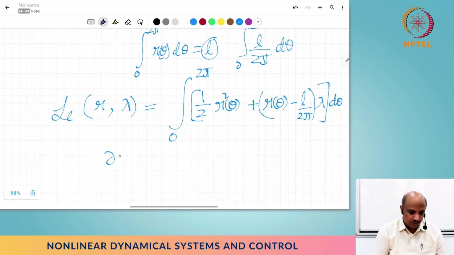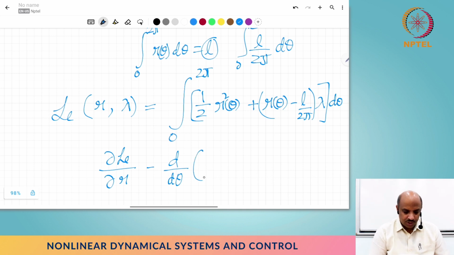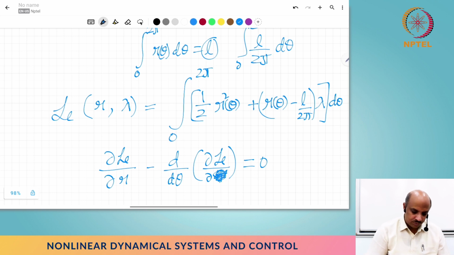Okay, so let's recall, this is nothing but the partial with respect to r minus d by d theta, where theta is the independent variable here, of the partial with respect to r dot, and this has to be 0, right? r prime, or dot, whatever. Since we're not dealing with time here, r prime would be appropriate.